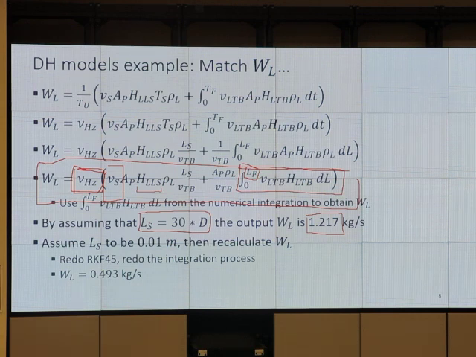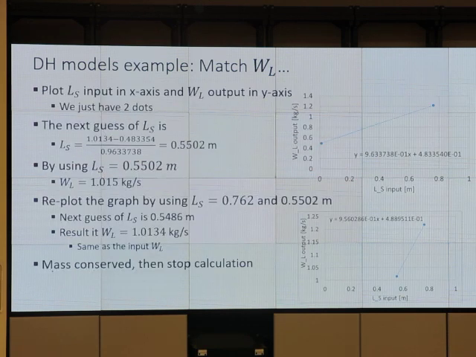If we believe in slug length, we adjust frequency. But this time, I adjust slug length. I do it again, use LS equal to 0.01, and do everything. I calculate WL. I get WL of 0.493. Doesn't match either.